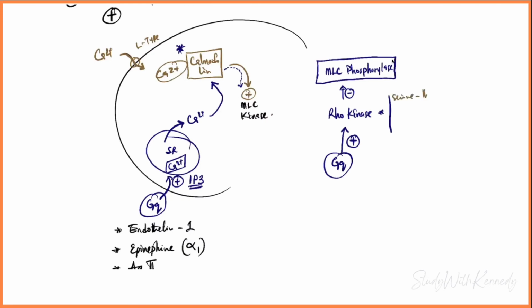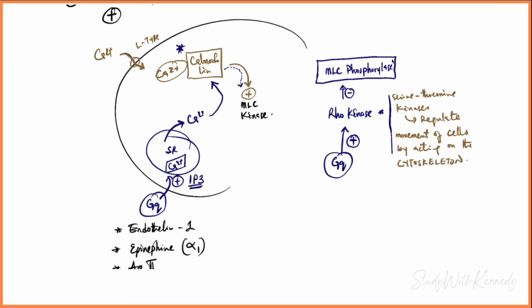It's one of the serine threonine kinases, and what this guy does is regulate movement of cells by acting on the cytoskeleton. I've not seen a question or heard of one about Rho kinase before, but you never know. So bear that in mind.